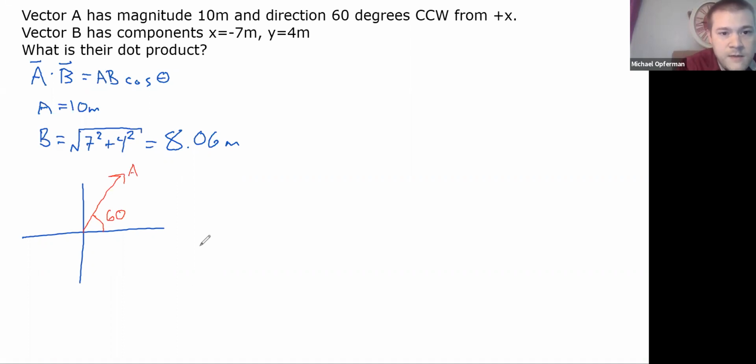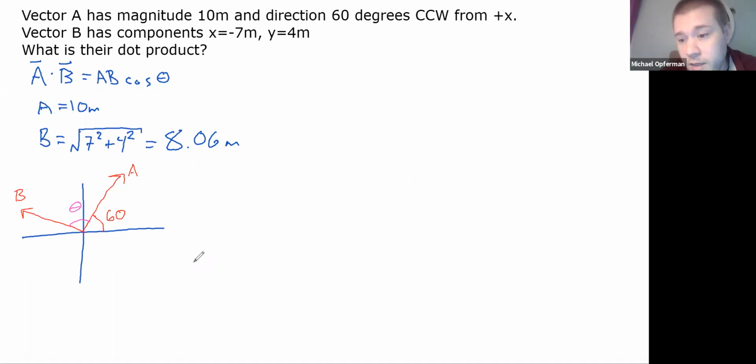So there's my A. And now vector B, we have x is -7, y is 4. So that's going to be something like this. But I wasn't given the angle there. So now the variable theta that I'm looking for is this angle here, the angle between the two vectors.